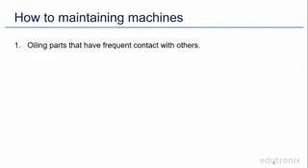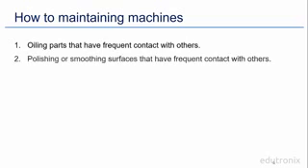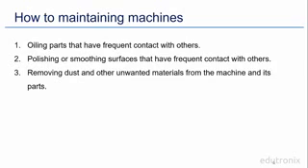It is important to oil various parts of machines that have frequent contact with others. This ensures that there is less friction and also less wear and tear. Friction can also be reduced between machine parts by polishing or smoothing the surfaces. Regularly, it is important that we check between these parts to remove dust or any unwanted material that may cause wear and tear or affect the efficient functioning of the machine.